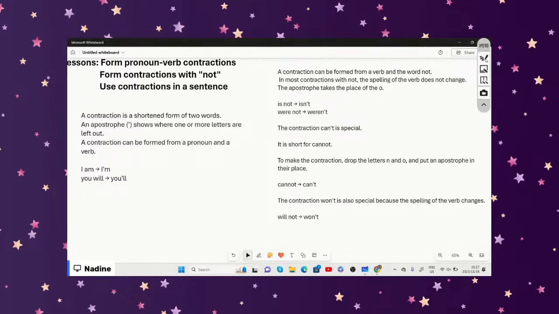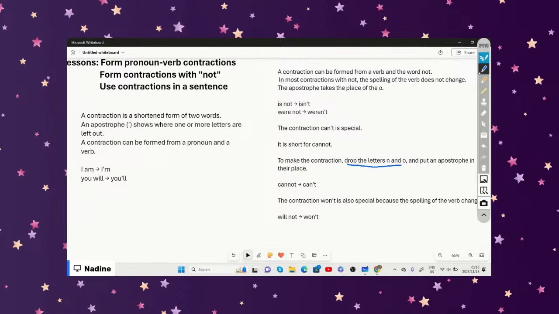All right. Now, to make a contraction, we need to drop letters. In order for us to add those two words together and have a shortened form of two words, we need to drop the letters N and O. This is when we make cannot into can't, and we put the apostrophe in its place.